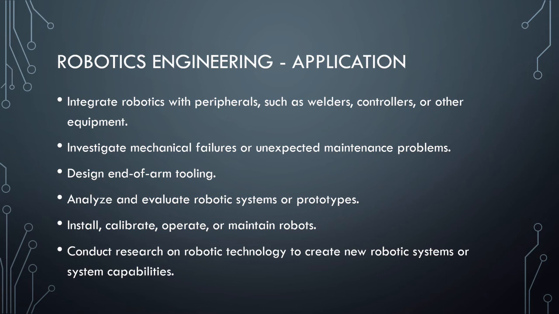You could end up looking at mechanical failures, or if there's an unexpected problem with the robot, troubleshooting what's going on. There's also a huge variety of the end effector tooling that we looked at, right? People have all these specific applications, and it could be a whole career just designing those end effectors for different applications.